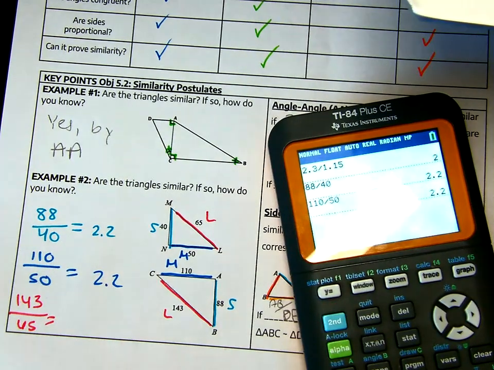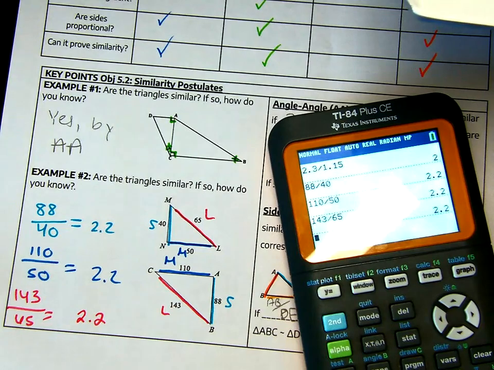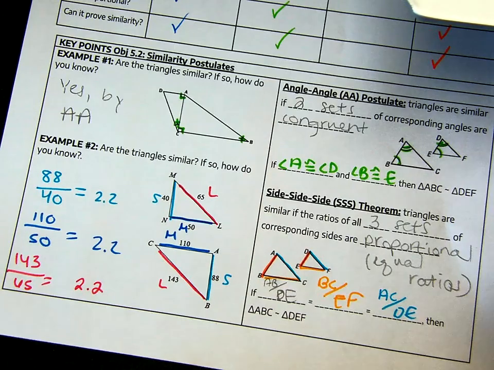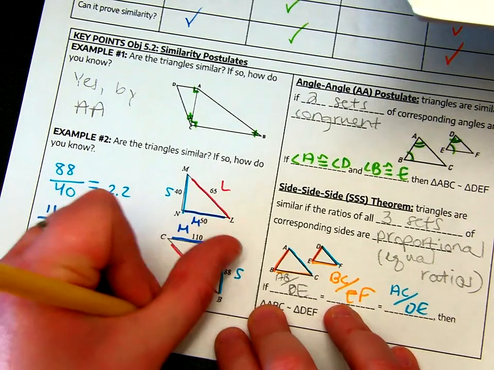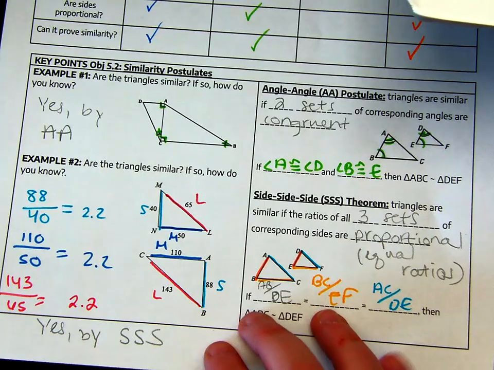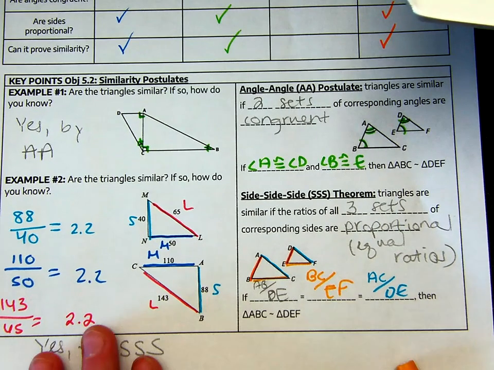Okay, 2.2. So, are these triangles similar? Yep, they are. Side-side-side similarity. Okay, and that's it. Hope that made sense.